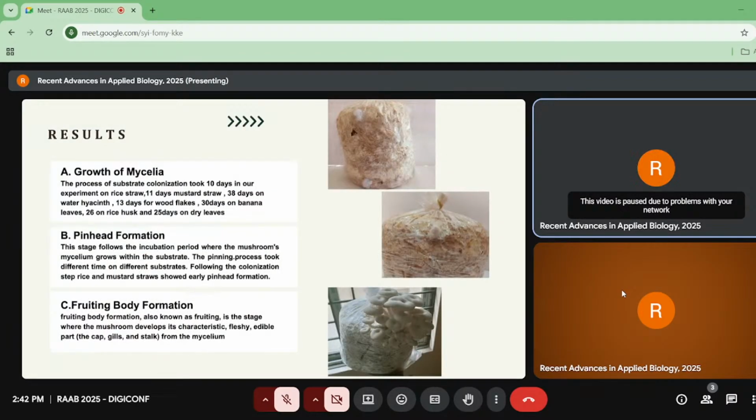Coming to the results, they vary with the different substrates. As we know, different substrates provide a different kind of nutrition for the growth and development of mushroom fruiting bodies.